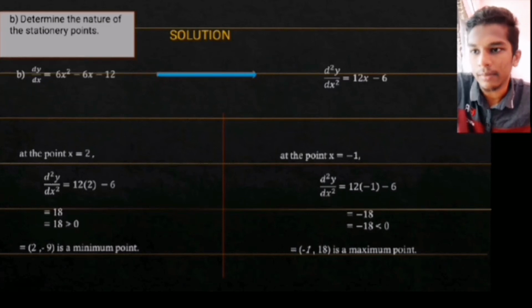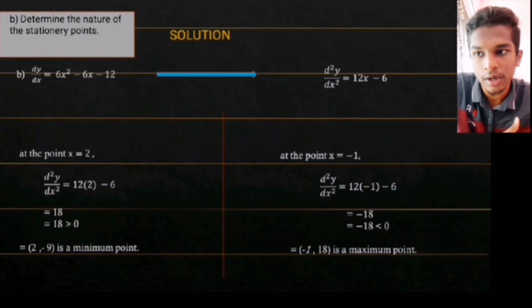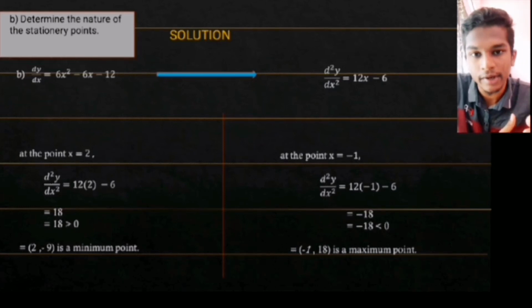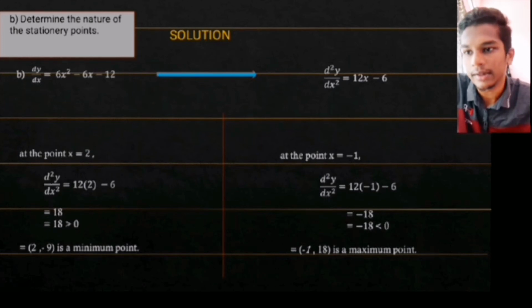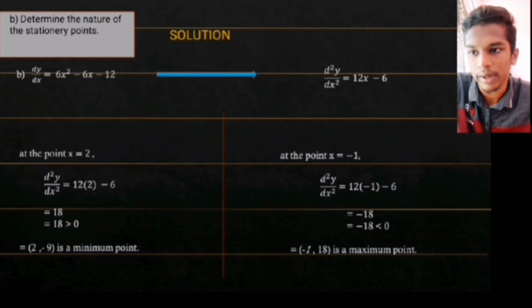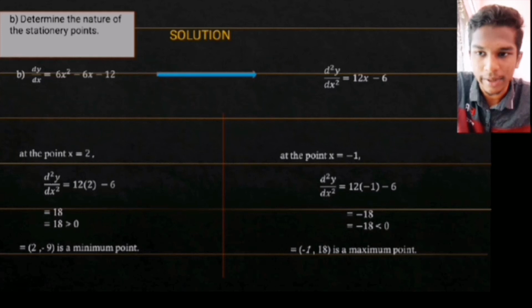Next we have to substitute the x value into the second derivative we got before. For x equals 2, 12 times 2 minus 6, and we will get 18. We look at the value we get, which is 18, bigger than 0, so the coordinate must be a minimum point, or the smiley graph.